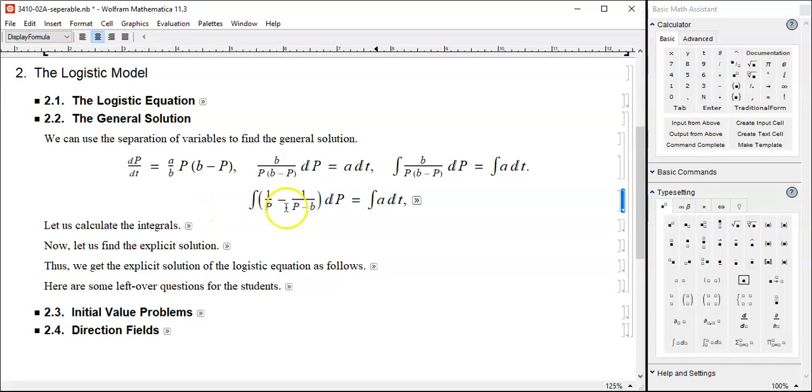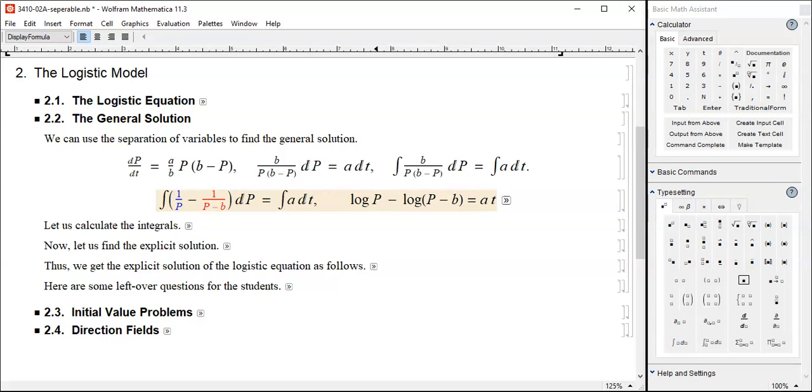Now let's take the antiderivative. Let's color this one in blue and let's color this in red. So we have log of p minus log of p minus b is equal to a times t plus some constant c.